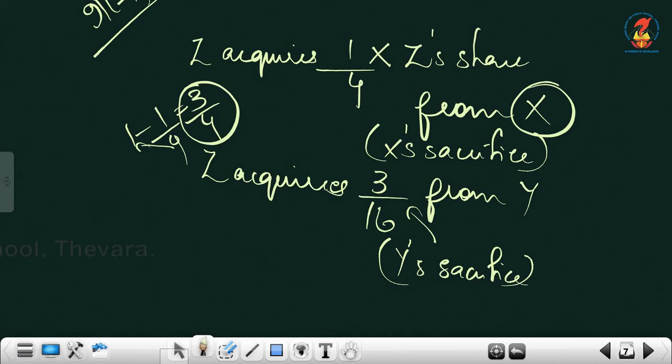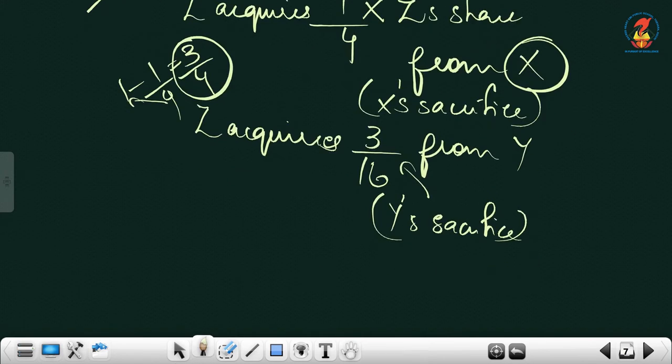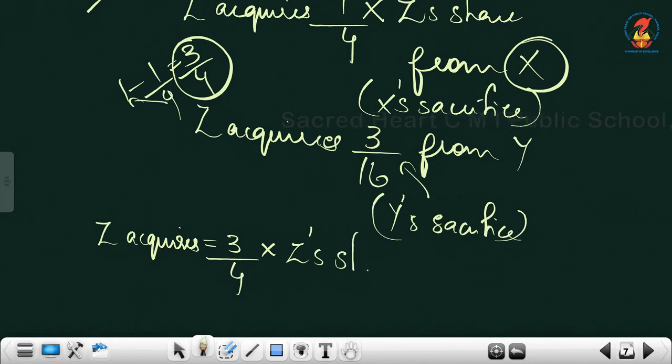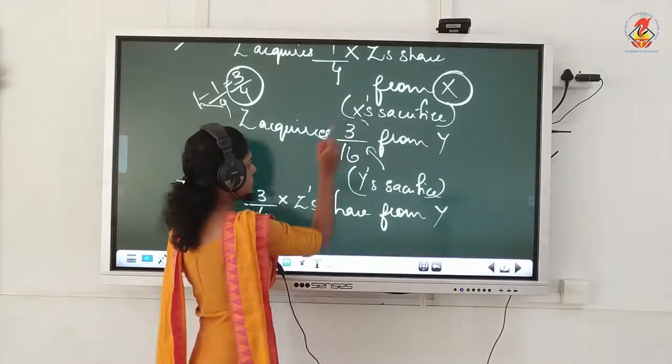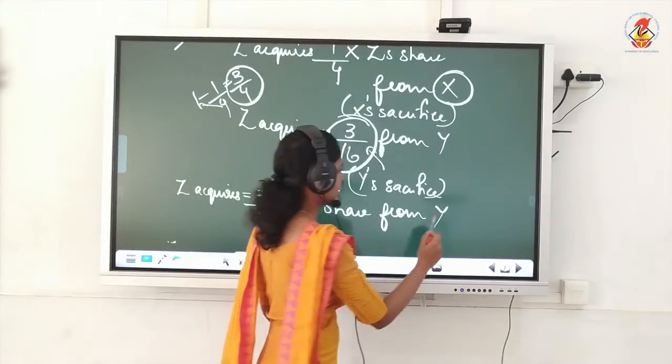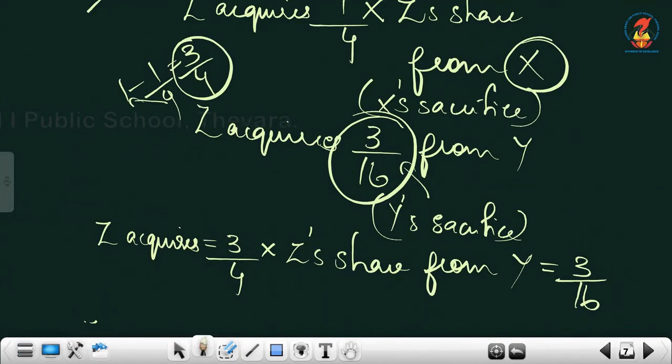So 3 by 4 will be taken from Y. So Z acquires 3 by 4 of Z's share from whom? From Y, isn't it? And what is that proportion he is taking from Y? Which is directly given in the question. That is 3 by 16.